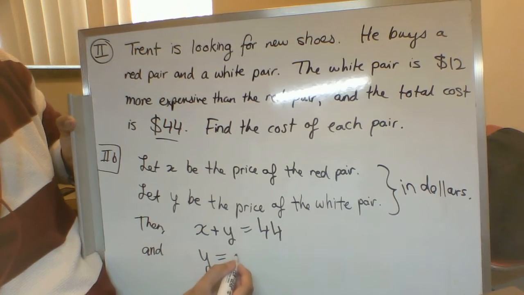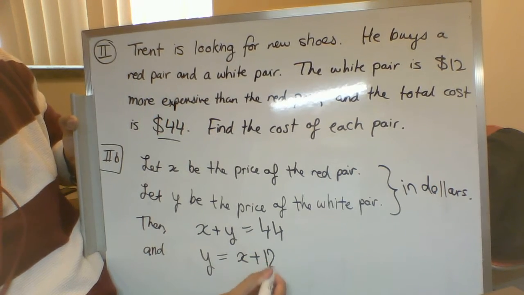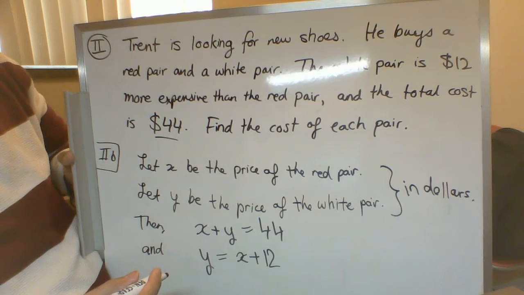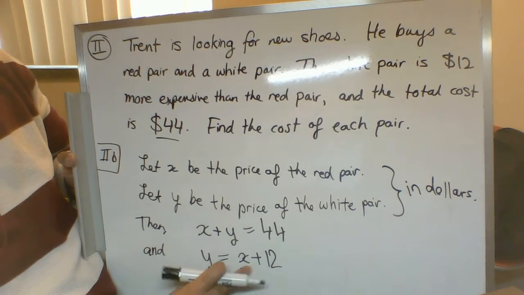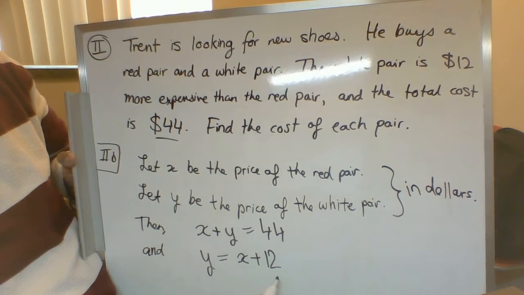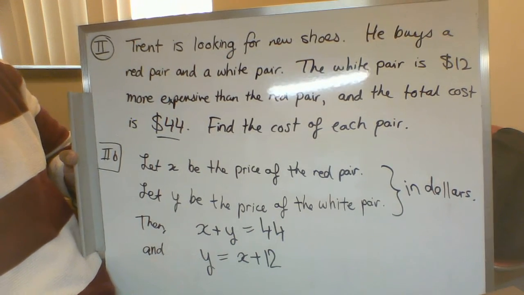So we know the red pair costs x dollars, plus 12 will give us the cost of the white pair. We add 12 to it, and we get that y is equal to x plus 12.